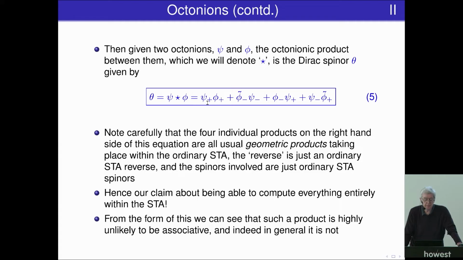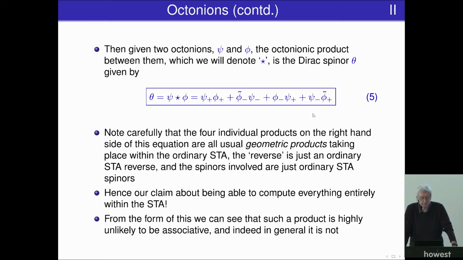It's the product of the even bits. Then we have phi reverse odd part times psi odd part plus phi odd psi even plus psi odd reverse of psi plus. That turns out to give us the full octonion multiplication.